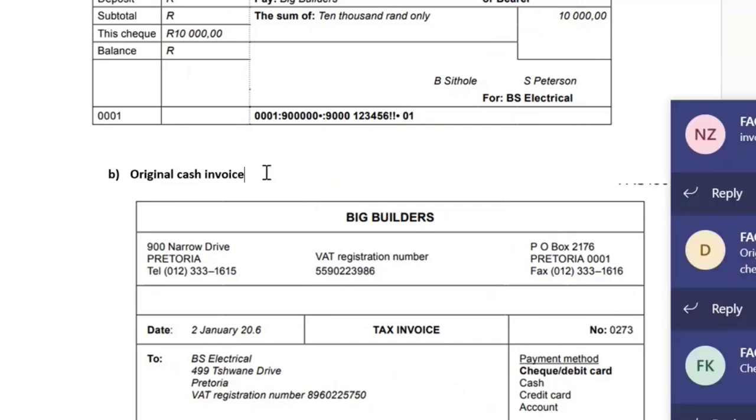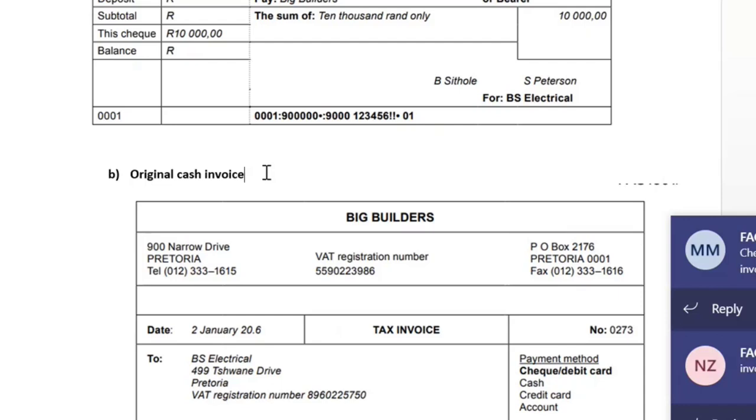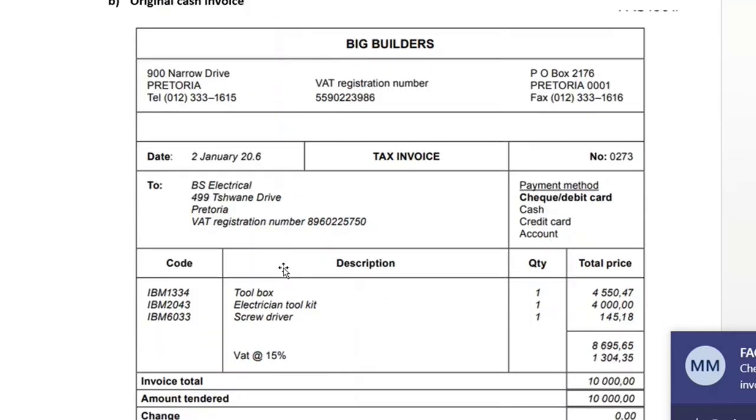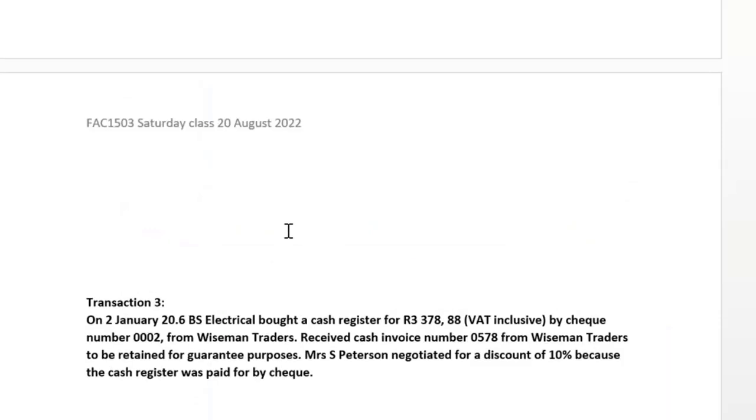Faith is saying check is internal and invoice is external. Desiree is saying original cash invoice is external and a check is internal. Well done, guys. Yes, the check counterfoil is an internal document and the invoice from Big Builders is an external document.